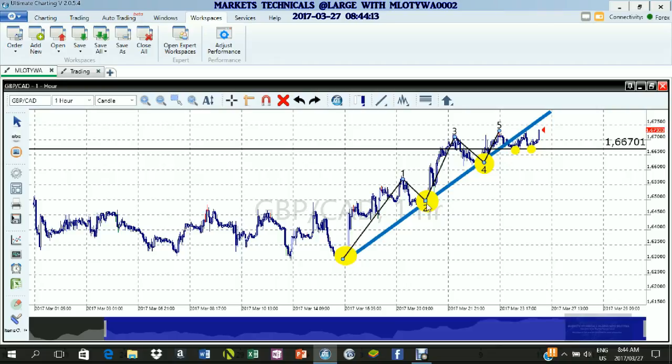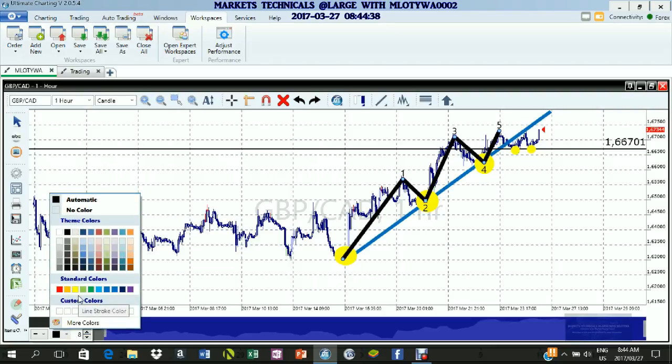And then we have 2 active points here. 1, 2, 3 active points. So this trend does exist because we have more than 2 active supports. So this uptrend is confirmed. This was an uptrend because of the 3 active support points on the trend line.